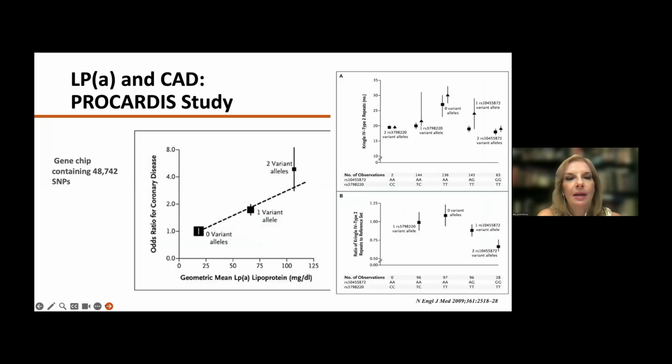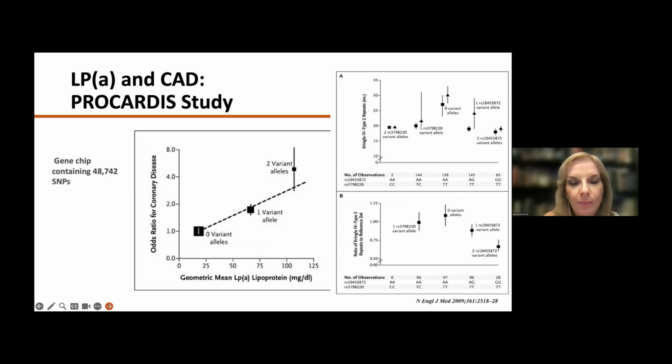This is another important study, the PROCARDIS study published in the New England Journal, which used a very sophisticated and novel at that time gene chip containing approximately 50,000 SNPs. And this analysis indicates that 2 specific variants of SNPs carry the highest risk of cardiovascular morbidity and mortality in the general population.